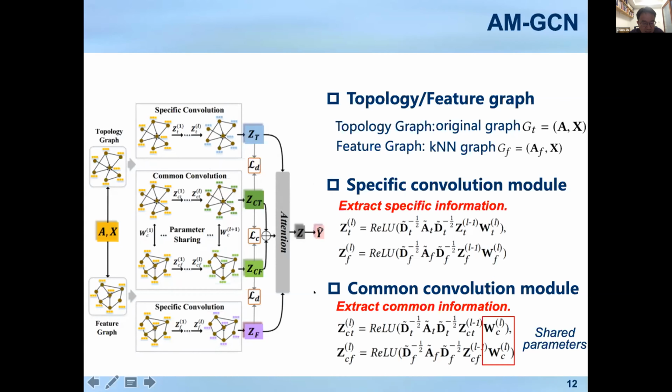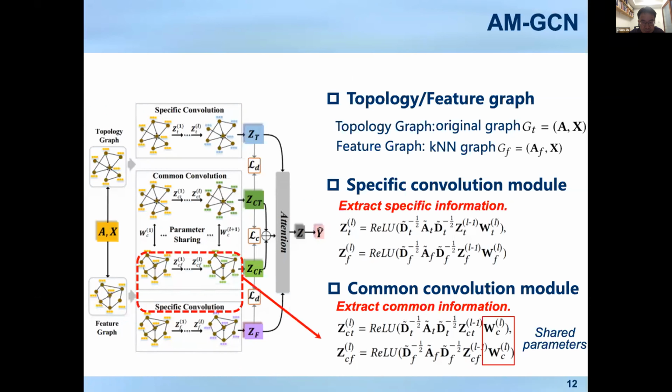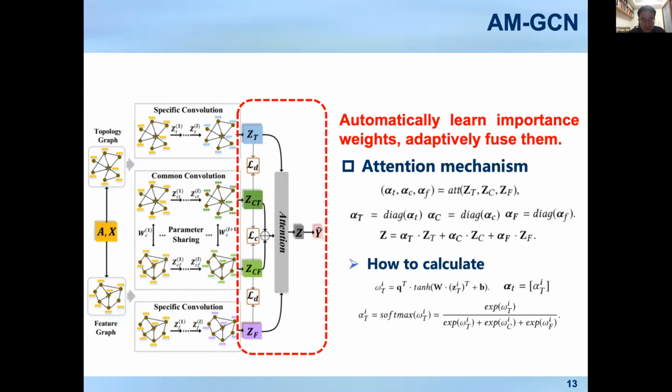Furthermore, we extract the common information with a shared parameter convolutional module. After that, we automatically learn the importance weights of the three types of embeddings and then adaptively fuse them.